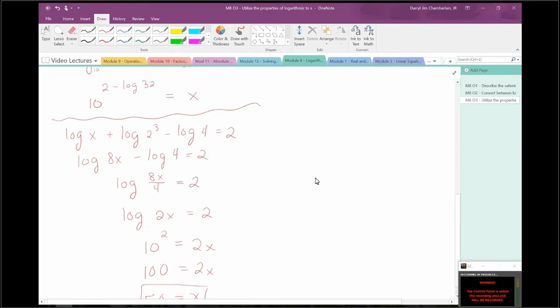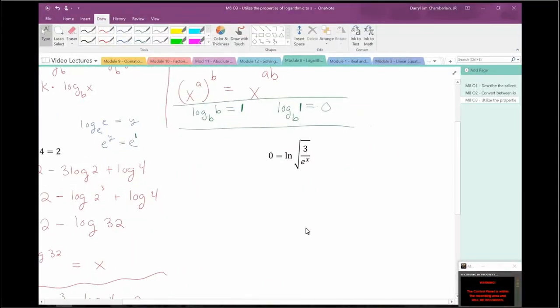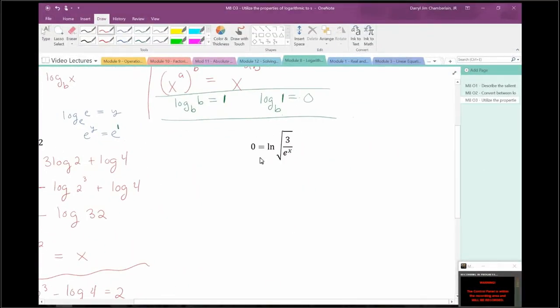Now, there are some where it's all pushed together, but because it is, we can't solve for the value we want. So in this case, we're going to use our properties of log to break this apart. So square root can be written as 3 divided by e to the x to the 1/2.